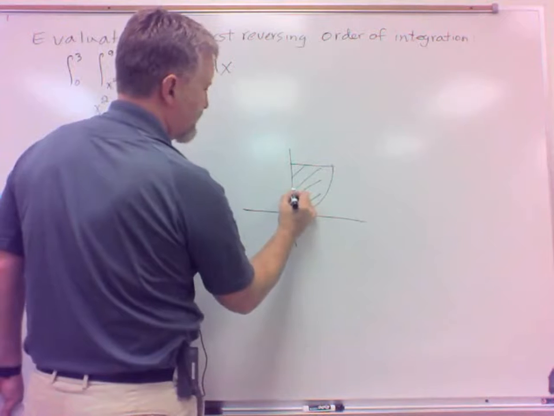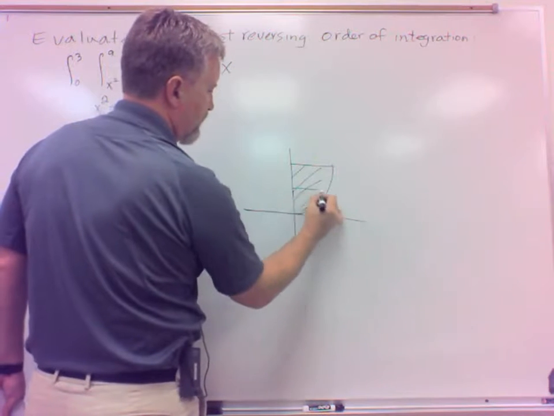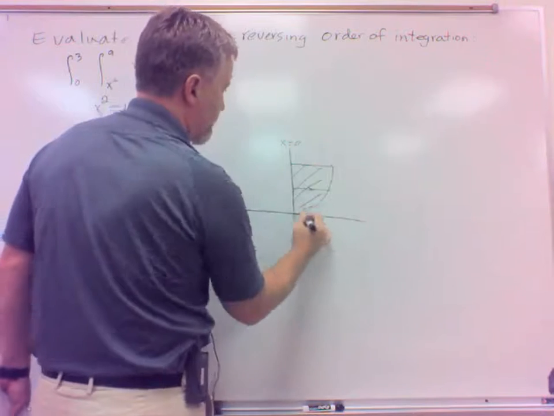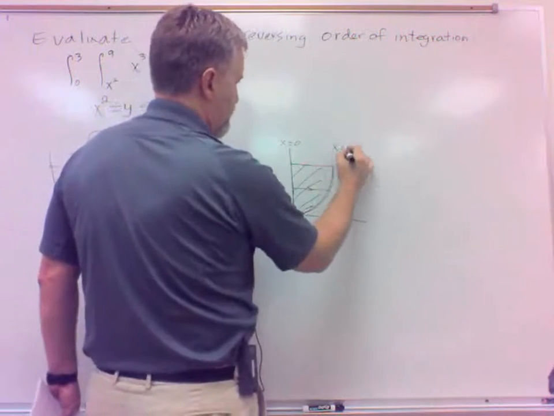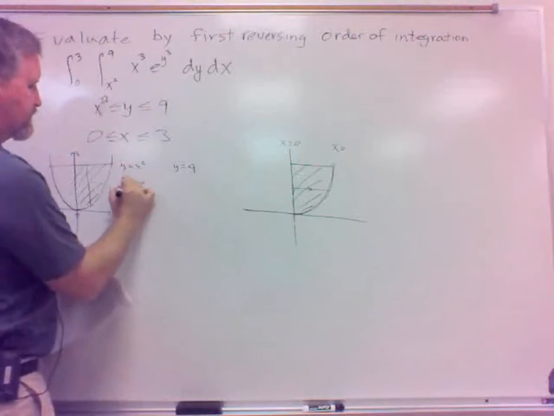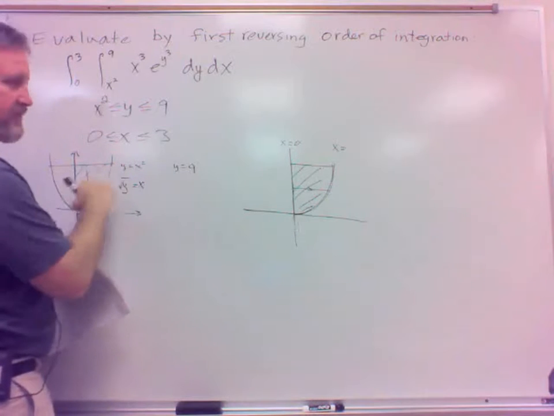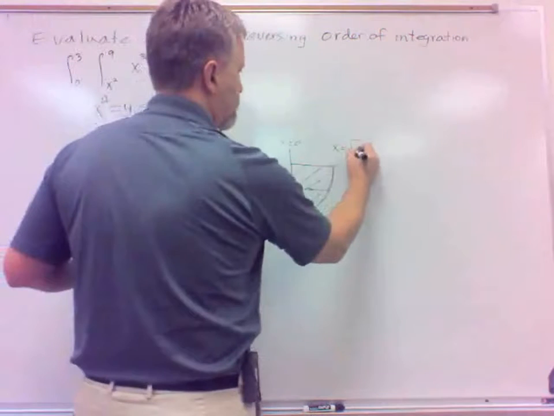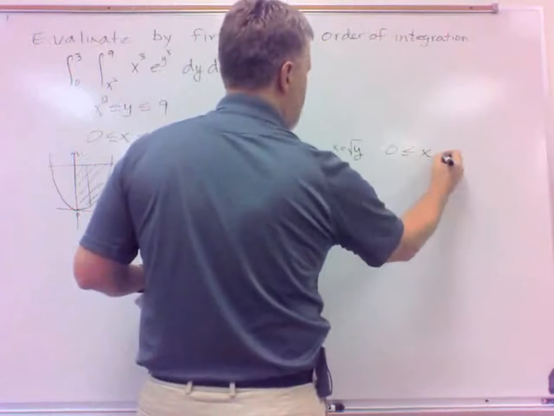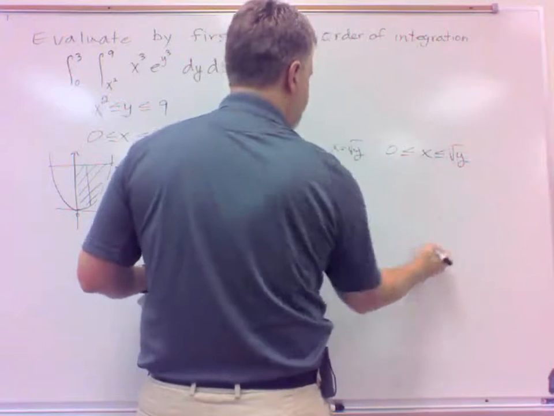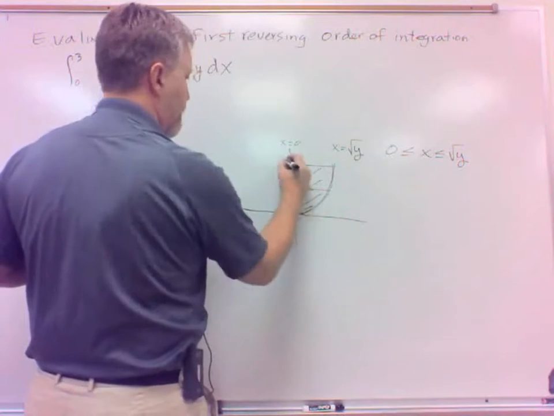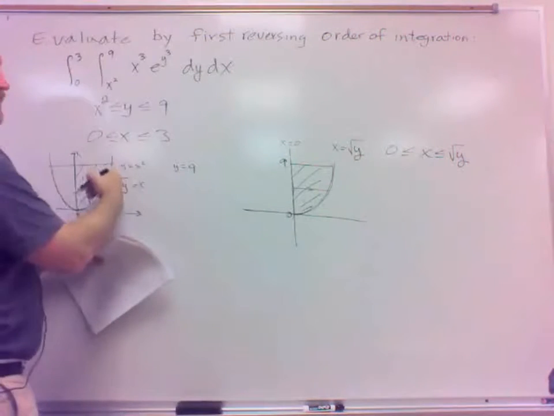My x's, if I start with them, are going from this line, which is x equals 0, to this, which is x equals, solving for x, the square root of y, this side of it. And so my x's are going to run between 0 and the square root of y. And then the y's, of course, range from 0 to 9.